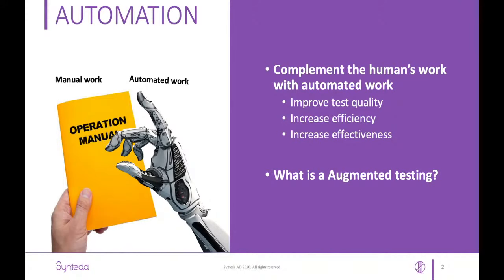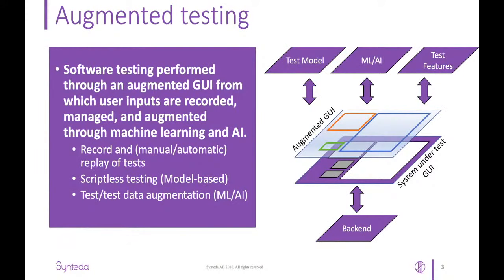Augmented testing is a new concept that we define as software testing performed through an augmented GUI from which user inputs are recorded, managed, and augmented through machine learning and artificial intelligence. And here on the right side of the slide that I'm showing you is an overarching view or architecture for how this works, where the key component is this augmented GUI that lies on top of the actual system's GUI.